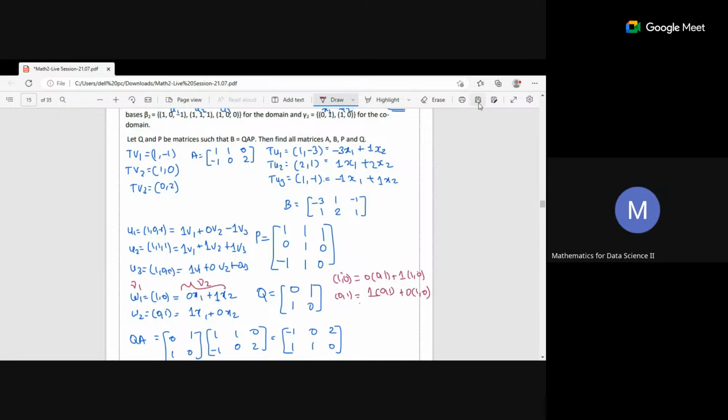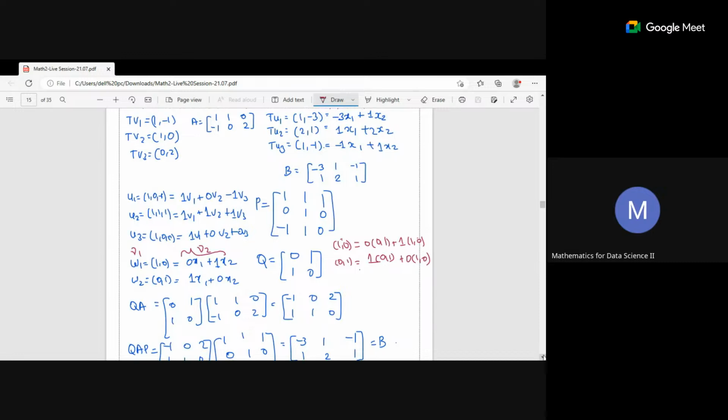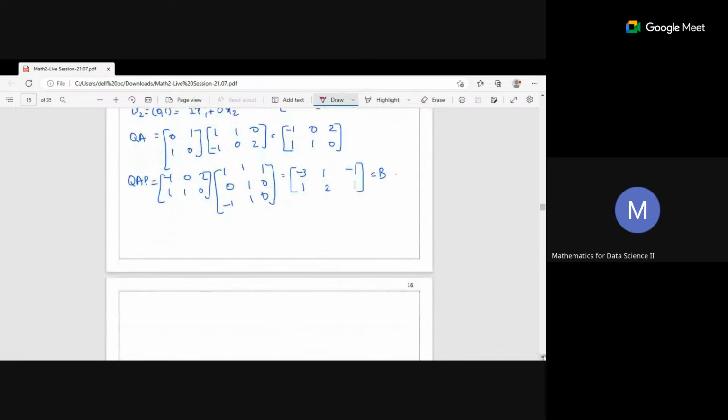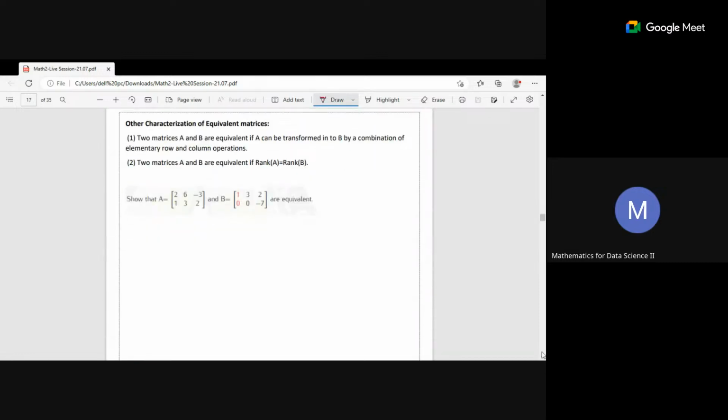Okay. So this is how we are finding all A, B, P, and Q. Next we will see some properties or characterizations of equivalent matrices. Instead of finding P and Q, are there any other ways to check whether given matrices are equivalent? That is what we are going to see here.